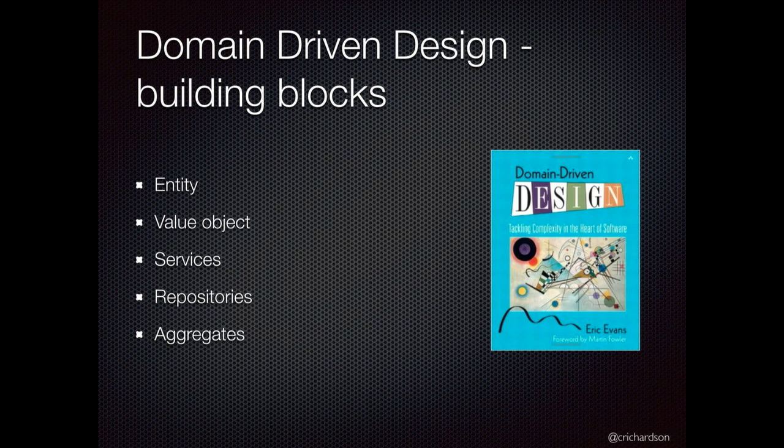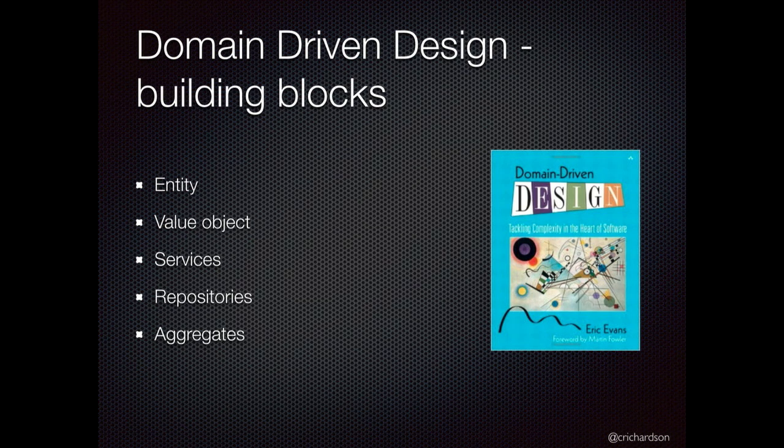So one of the key topics in DDD is the notion of building blocks, which are really roles that classes play, as well as the characteristics of classes in your domain model. So we have entities, which are objects that have a persistent ID.